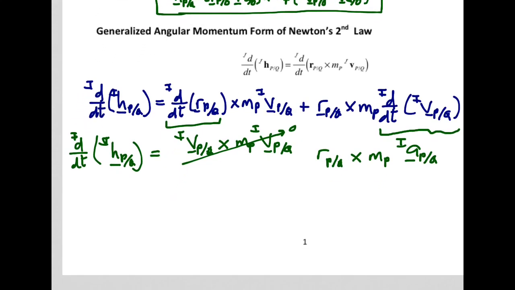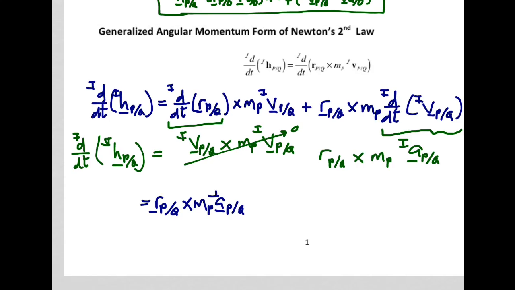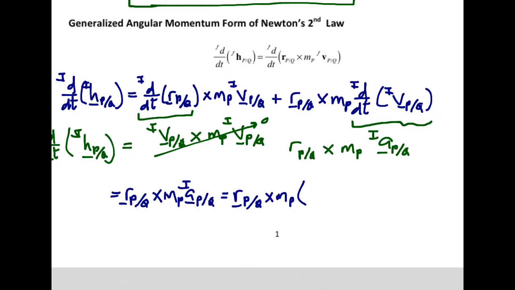So let's take a closer look at this expression. r of P with respect to Q, our position vector, cross with the relative acceleration. And the relative acceleration is nothing more than the difference in acceleration between the acceleration of point P relative to the inertially fixed point minus the acceleration of point Q relative to the inertially fixed point.